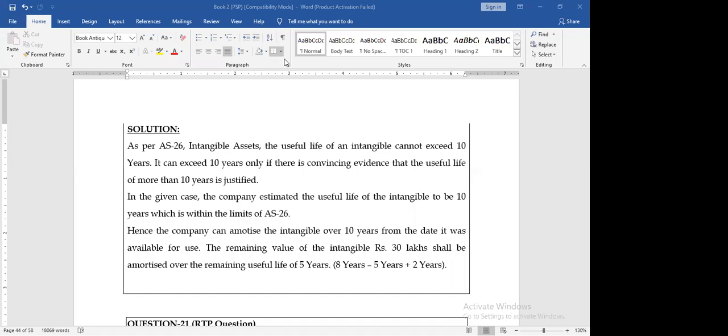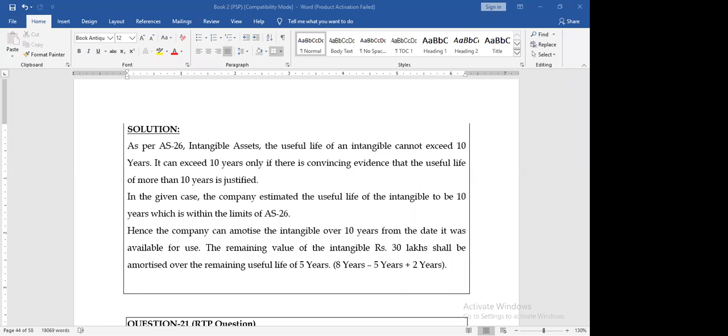Right, I hope you all are clear with that. Okay, so I have one doubt which says, why have we added 2 years? So basically, you had 8 years as your useful life. Out of that, 5 years have gone by, so 3 years are left. Now, if your total life was 10 years, as we have assumed, 5 years have passed by.